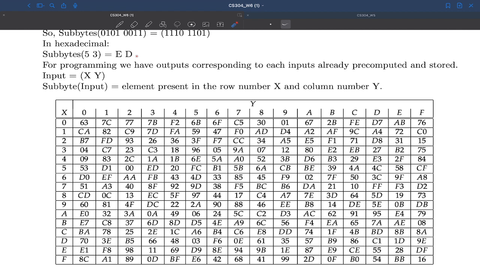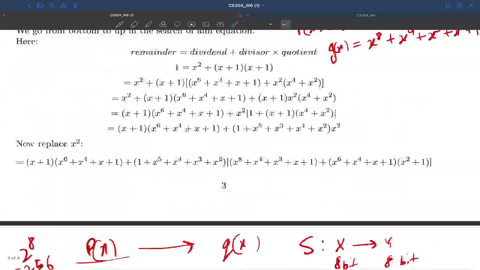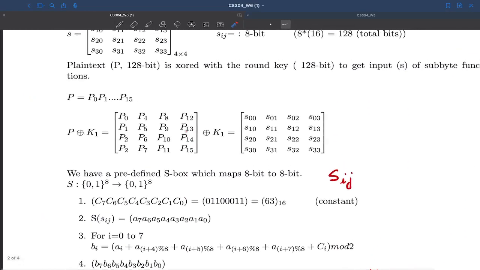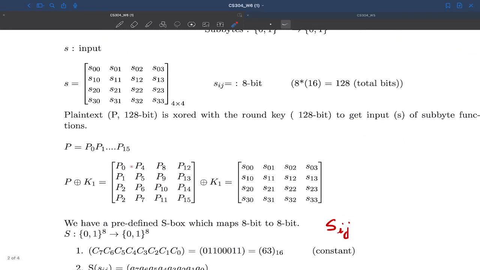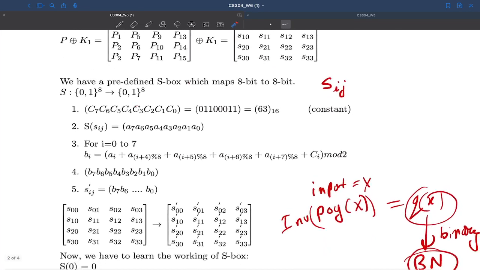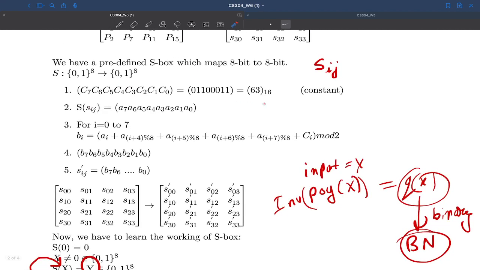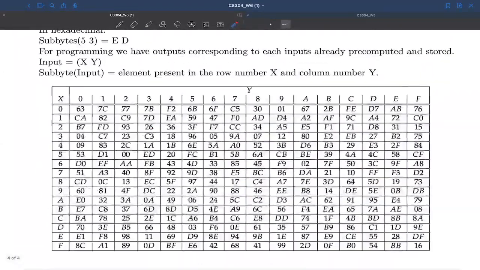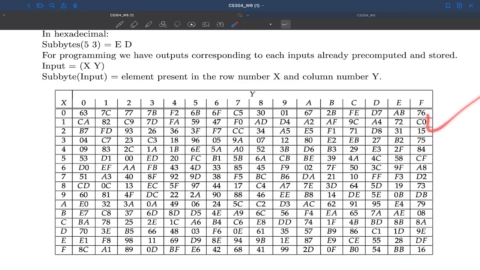I hope you got it. So instead of doing all these operations from scratch, taking the plain text, XORing, then applying the S-box, where we first convert the binary to a polynomial, find the inverse of that polynomial, convert that inverted polynomial again to binary, and then apply this operation on every single bit, we can do this in advance and just use this sub-byte table.